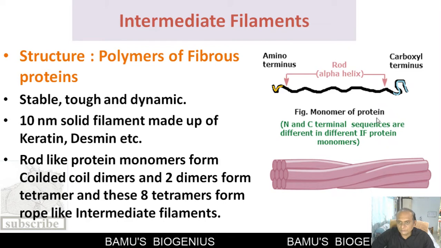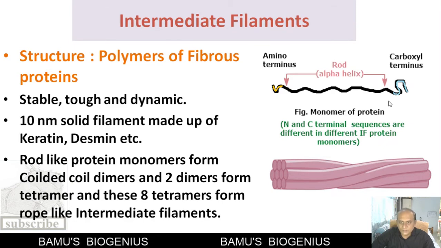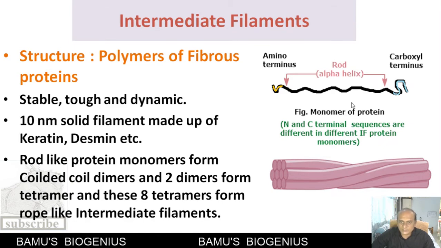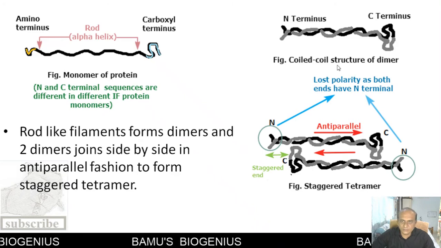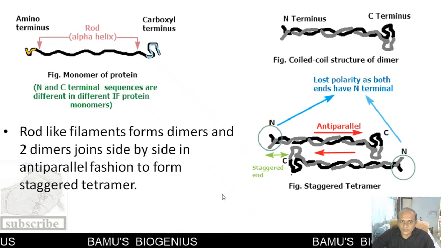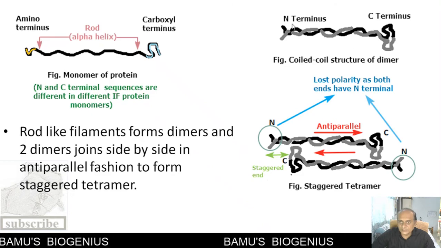This is a monomer of a protein, and such monomers form a coiled coil structure of a dimer. So these rod-like filaments give rise to a dimer, and this dimer again has a polarity, it has an N terminus and C terminus.